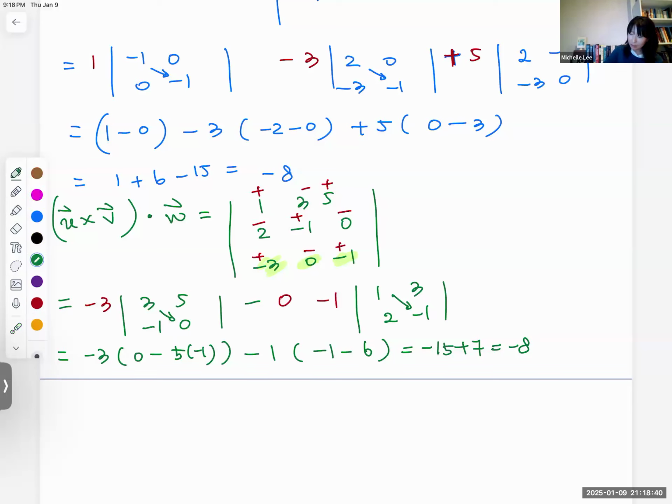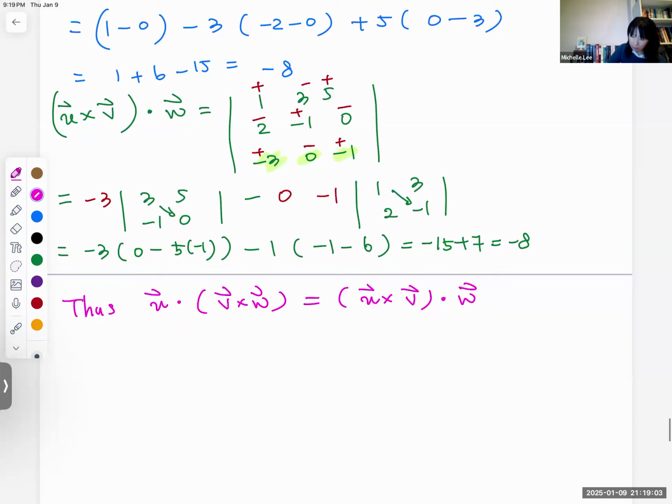So let me write down a note. We get the dot product with the cross product of V and W. So U cross V dot product with the W, right? Note: dot product is commutative.